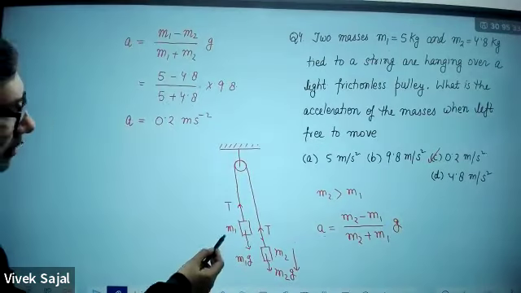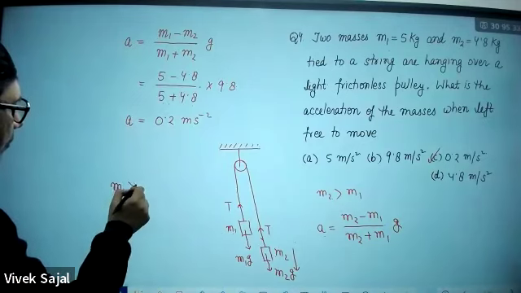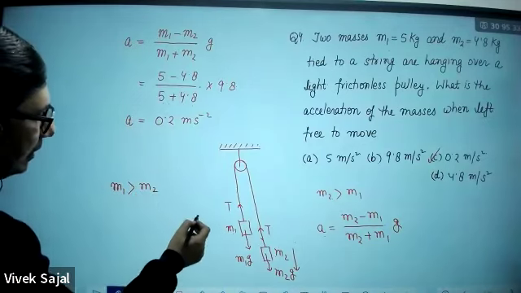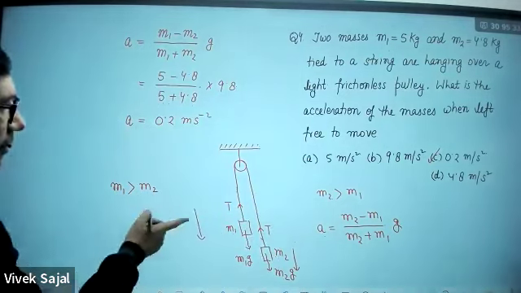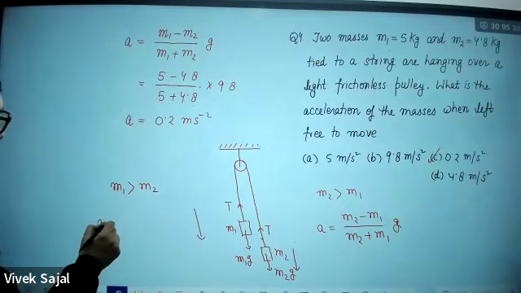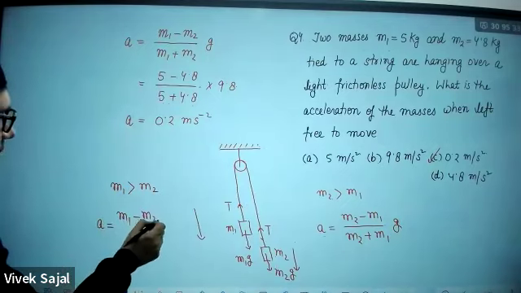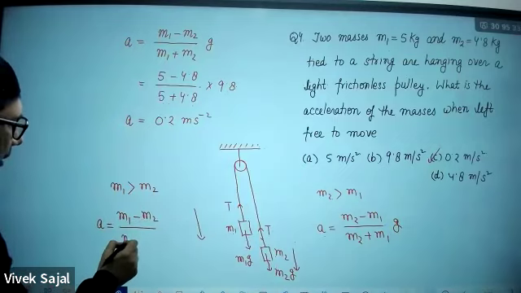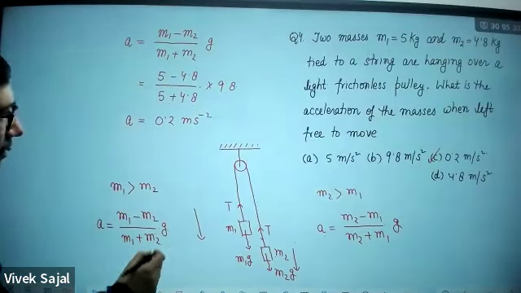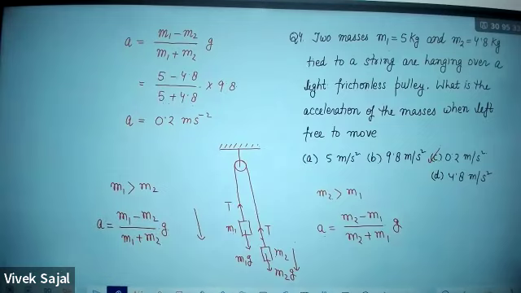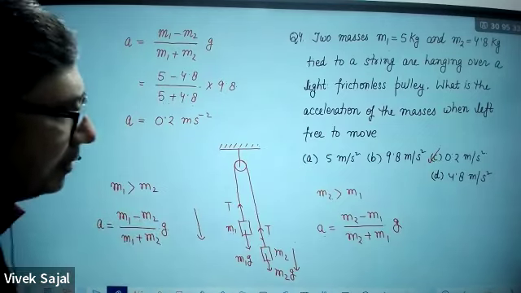But suppose the reverse case: if M1 is greater than M2, then M1 moves downward and M2 moves upward. Acceleration will be M1 minus M2 divided by M1 plus M2 into g. So whichever is greater comes first, and whichever is lighter comes second.